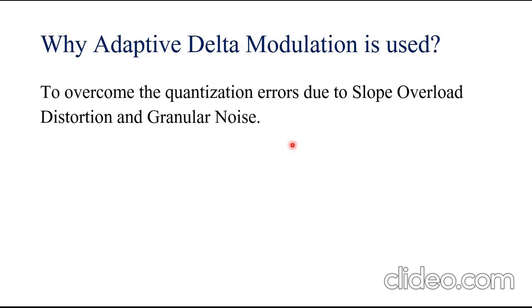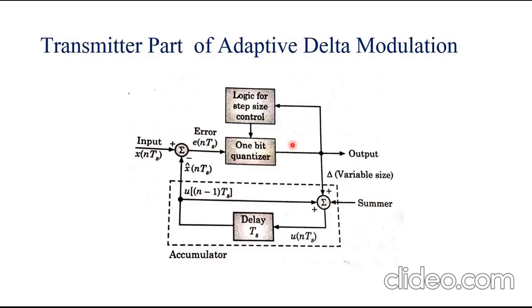Before I explain adaptive delta modulation, its block diagram is almost similar to delta modulation. Now see the basic difference between adaptive delta modulation and delta modulation. This is the transmitter part of adaptive delta modulation.